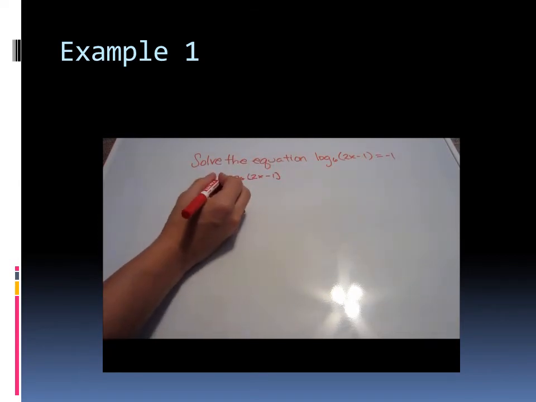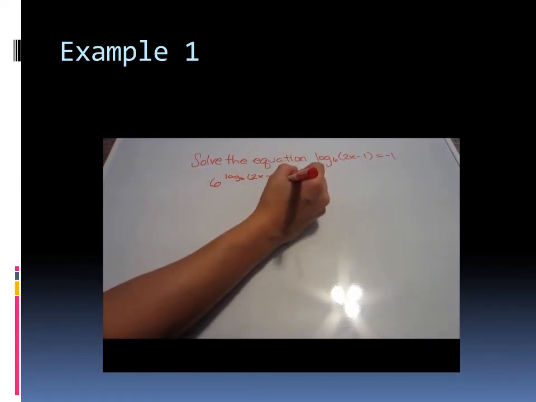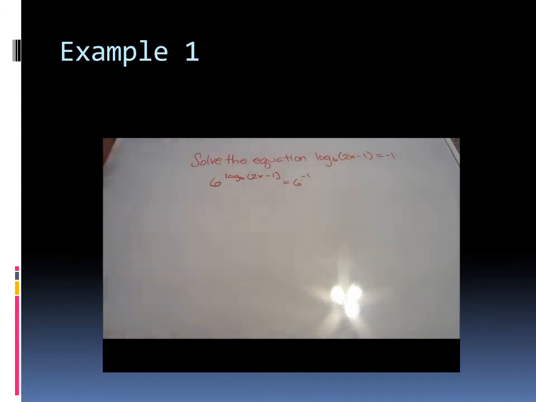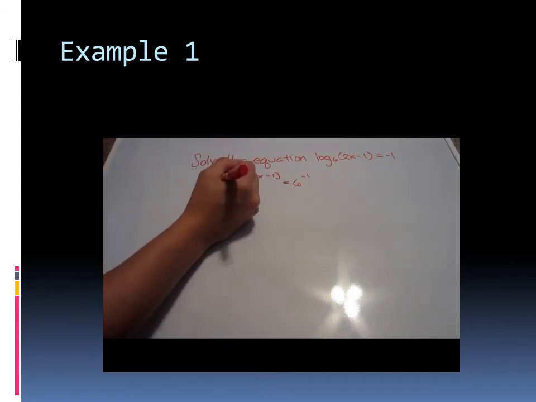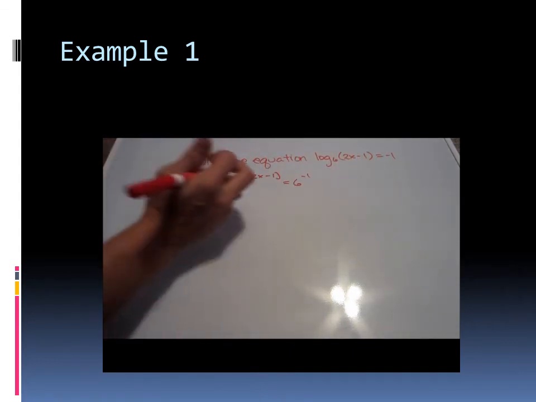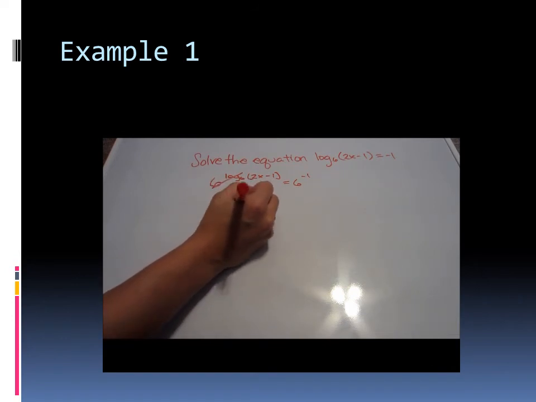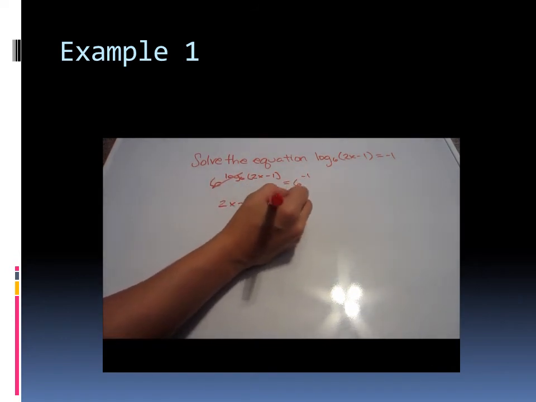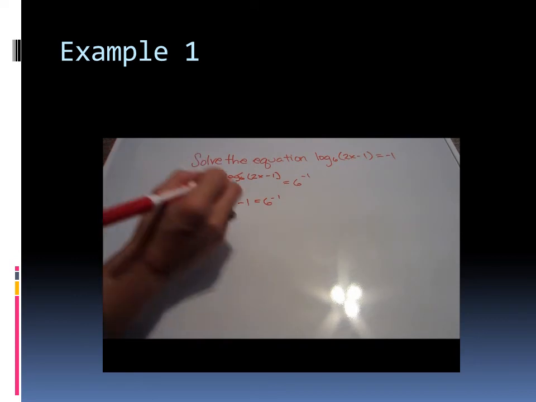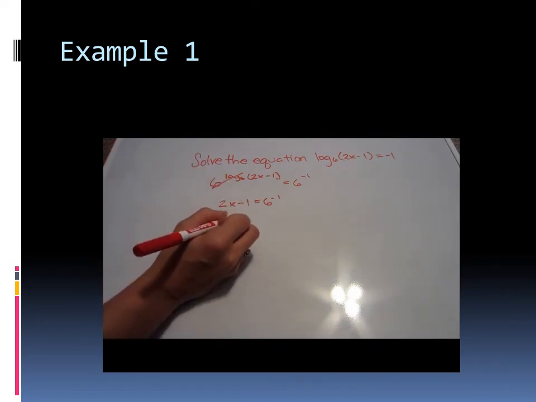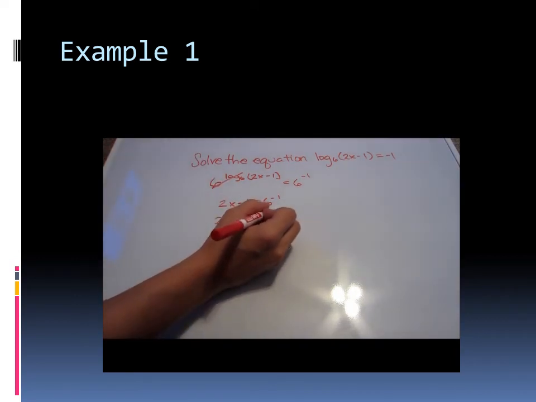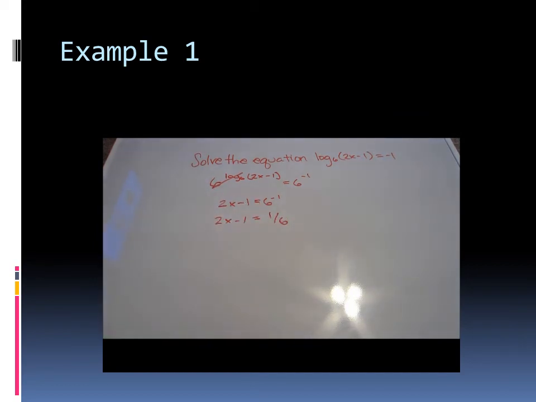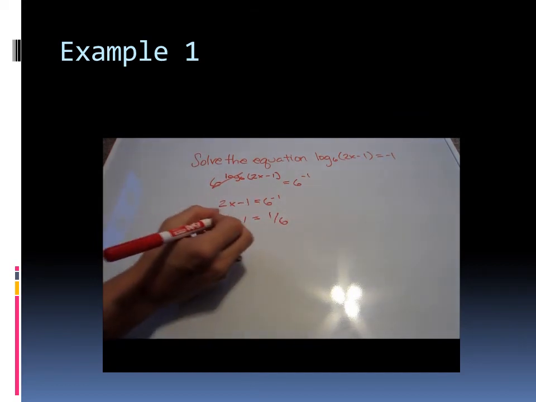So we have 6 to the log base 6 of 2x minus 1 is equal to 6 to the negative 1. 6 to the log base 6 cancels, leaving us with 2x minus 1 equals 6 to the negative 1. Remember, a negative exponent puts the number into the denominator, so we get 2x minus 1 equals 1 over 6.